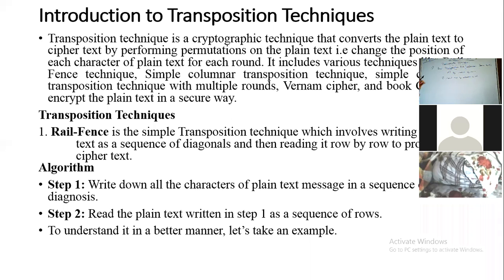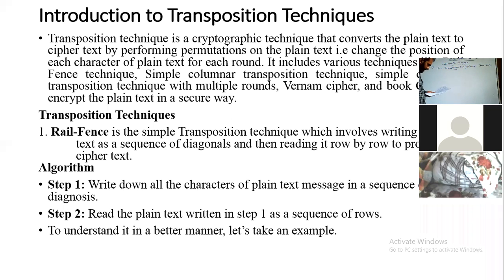Okay, whenever you write the plain text in row transposition, the concept is to write the plain text row by row and read the message column by column. Here it is of rectangular form. So you can say we write the message in rectangle row by row and read the message column by column.